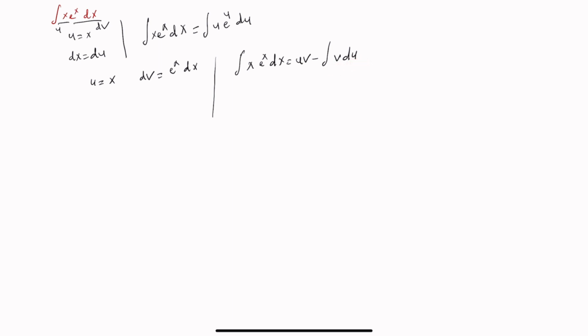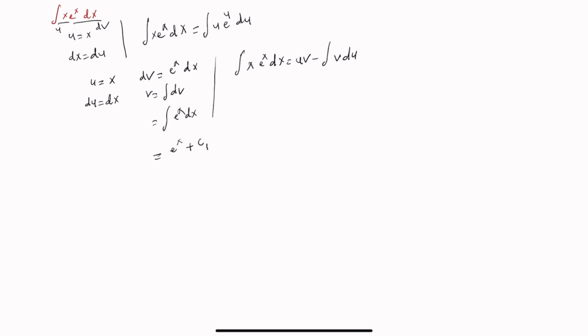So here what I want to find are the terms du and v. So from u, let's take the derivative of this. It's gonna be du over dx. And then to find v, I'm gonna integrate dv. And that's gonna be equal to e to the x dx, which is gonna be equal to e to the x plus c. I'm gonna call this c, c1.